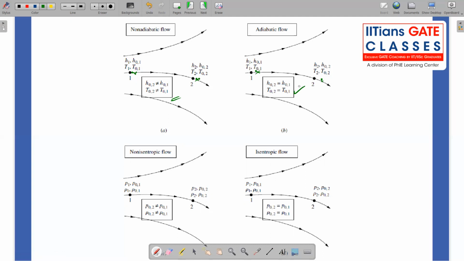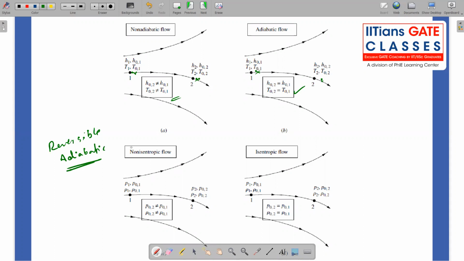And we can also define a stagnation pressure or stagnation densities, but then I have to assume one more assumption, that it is reversible as well as adiabatic. What we derived so far in our stagnation enthalpy definition is considering just adiabatic.